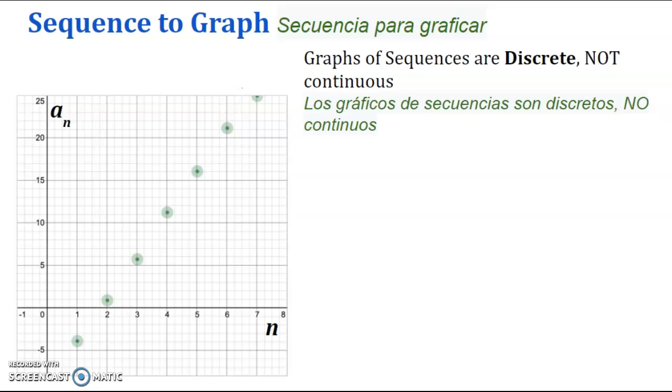It's not continuous because you can't have n to be 1.5. You cannot have a 1.5th term, or anywhere between the whole numbers. That is the reason that you have discrete or separated points, not connected points. That's what discrete means: it's not continuous or not connected.